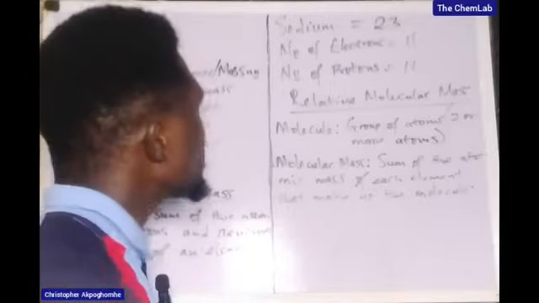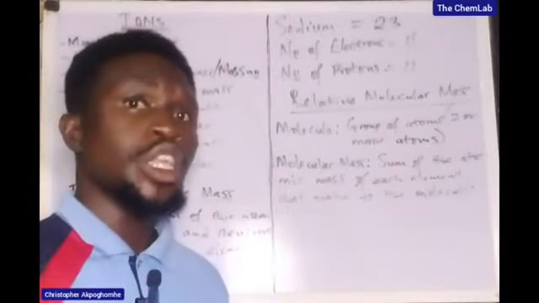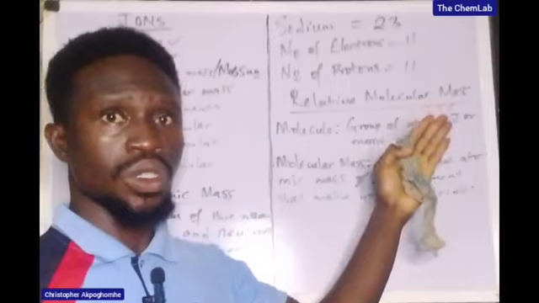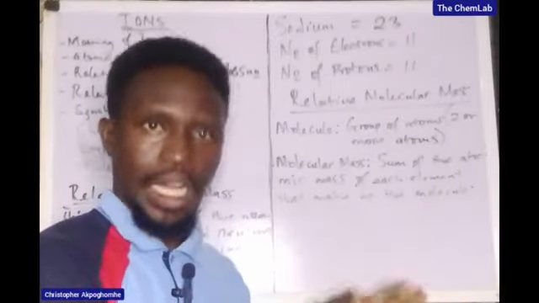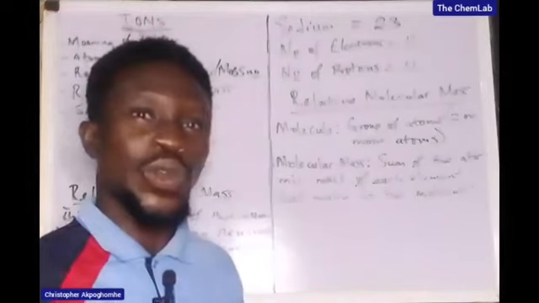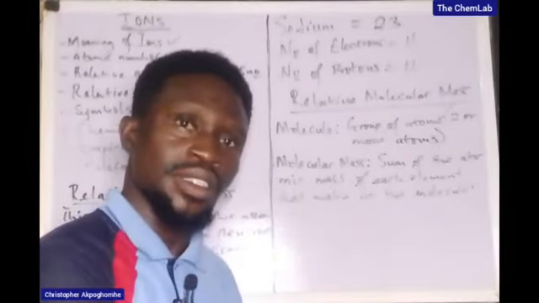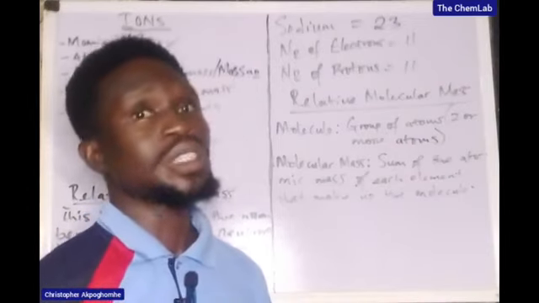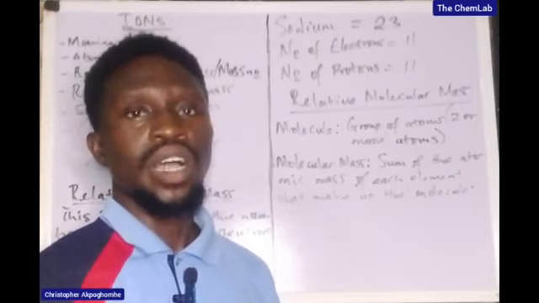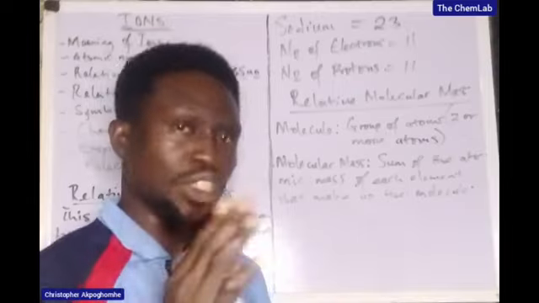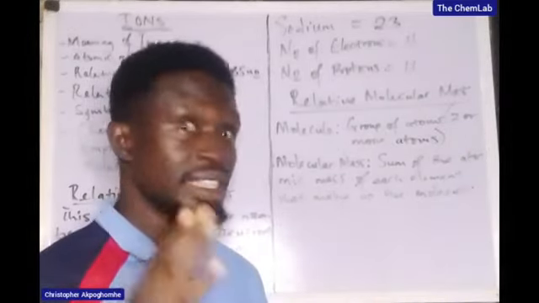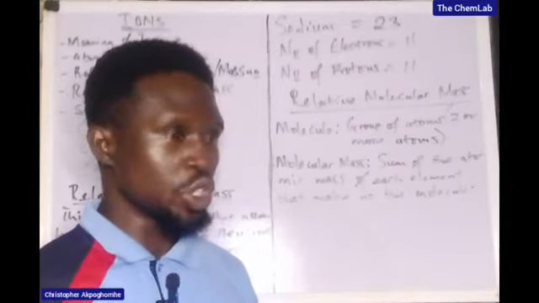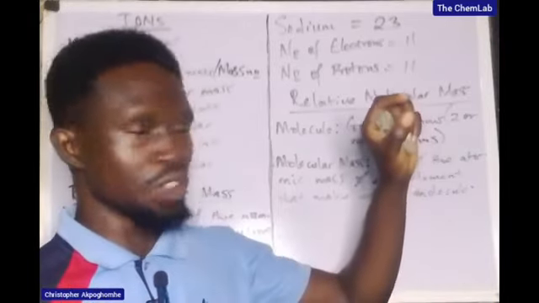Now you are wondering, why do they have to put relative? They put relative because they are comparing this mass to 1/12 of carbon. So they are comparing it to another element. You might be asking, why do they have to compare it? Because that element generally has a particular mass. So when you want to weigh something, you already know the mass of this one, a known mass.